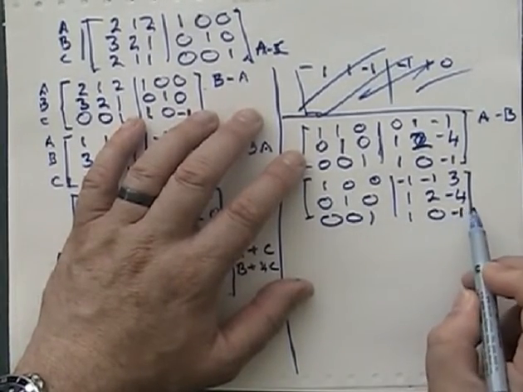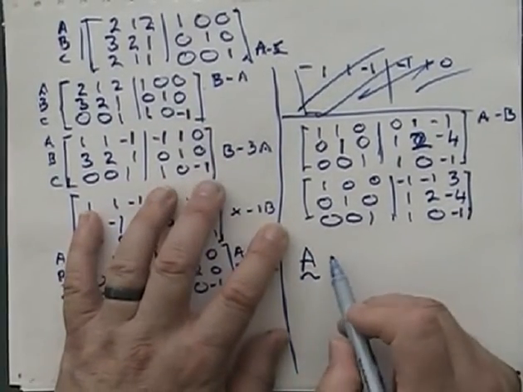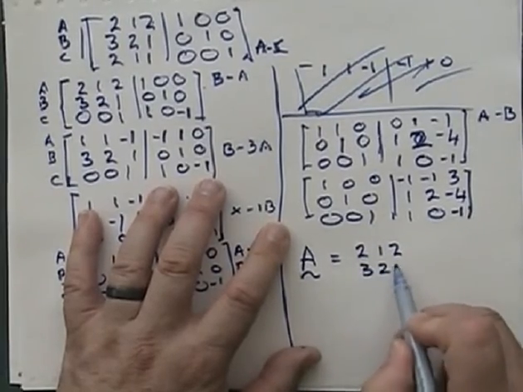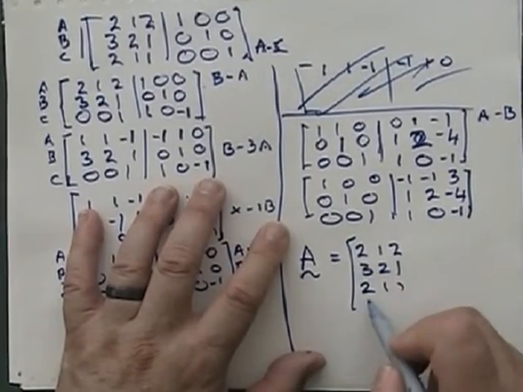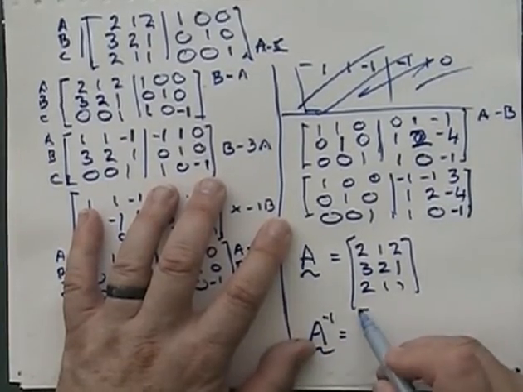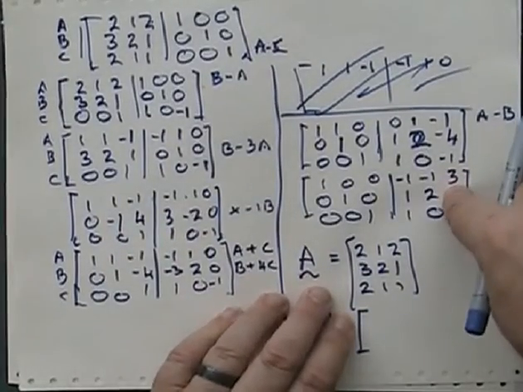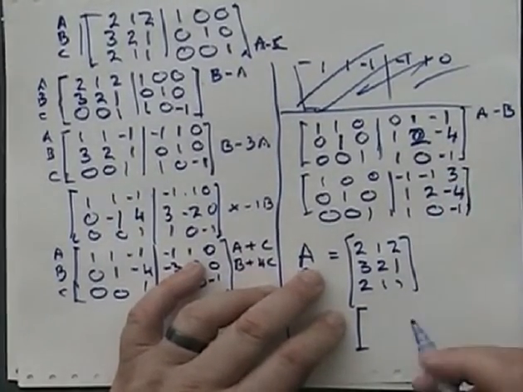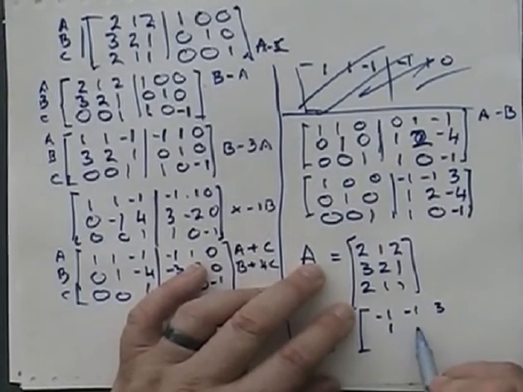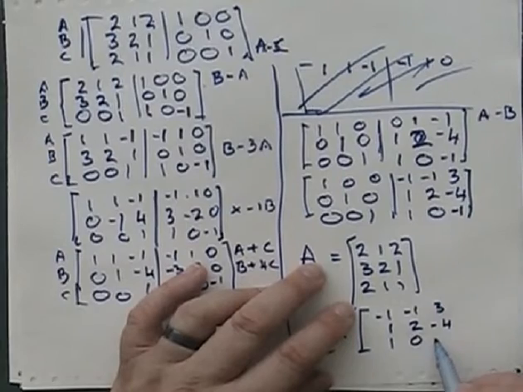So we started off with the matrix A equals 2, 1, 2, 3, 2, 1, 2, 1, 1. So A inverse, having turned this side into the identity matrix, becomes the inverse, equals minus 1, 3, 1, 2, minus 4, 1, 0, minus 1.